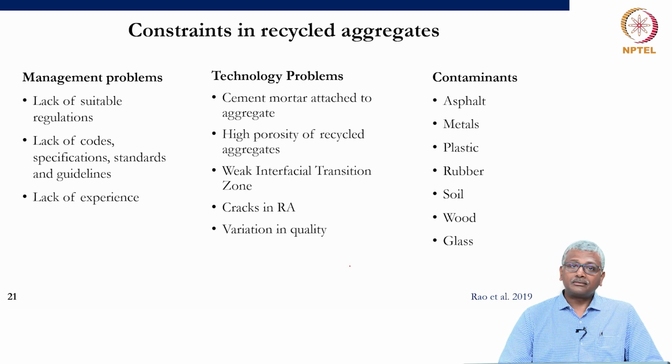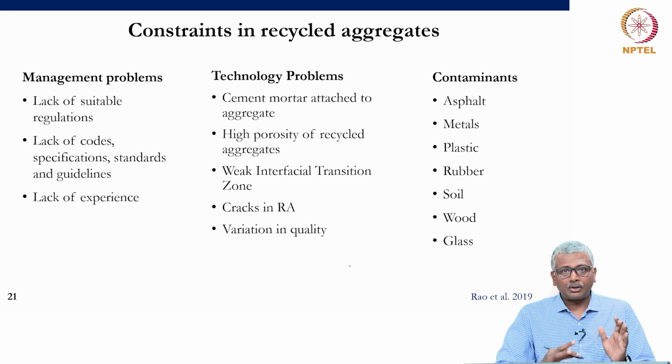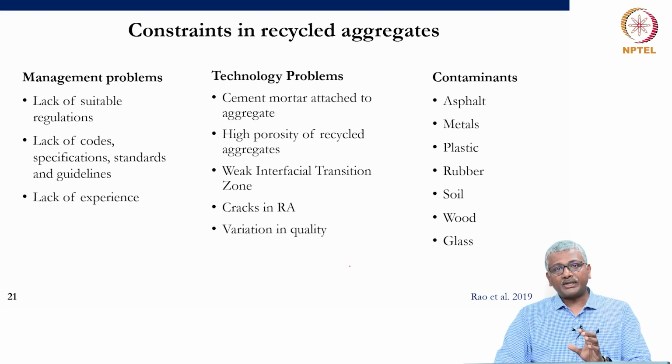Okay, and aggregates collected from different sources and sometimes even from the same source because of the mixed nature of the material could show a large variation in quality, and that is something that is not really acceptable in most construction sites. They want the quality to be maintained, and for that one has to be able to engineer these materials well enough to understand the properties.